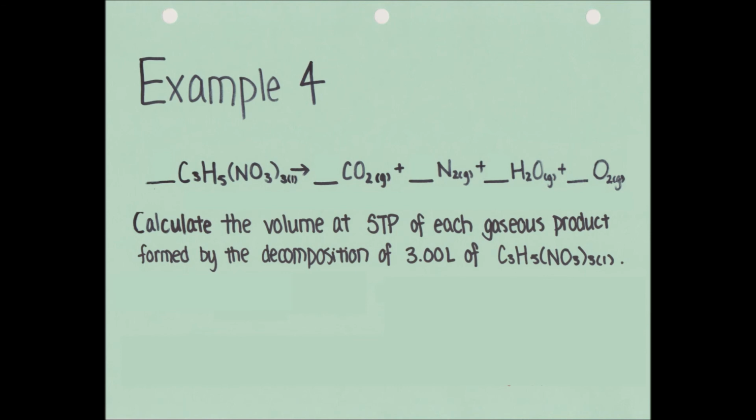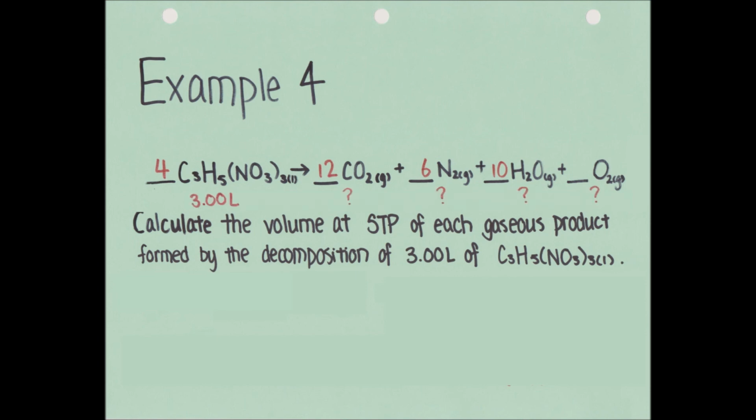Example 4. Calculate the volume at STP of each gaseous product formed by the decomposition of 3 liters of nitroglycerin. We have nitroglycerin breaking down into carbon dioxide gas, nitrogen gas, water gas, and oxygen gas. The first step is to balance the equation. That gives us the molar ratio of 4 to 12 to 6 to 10 to 1.